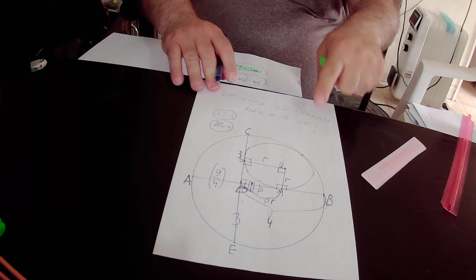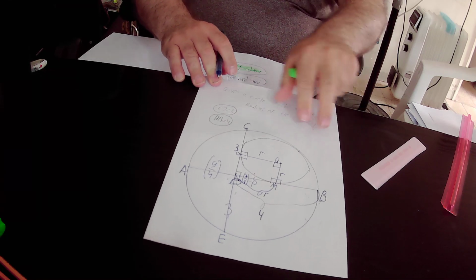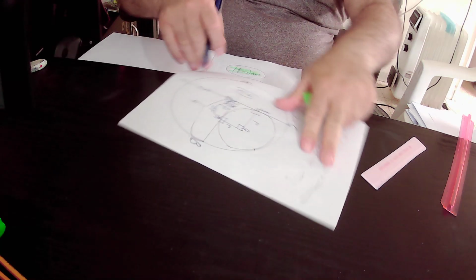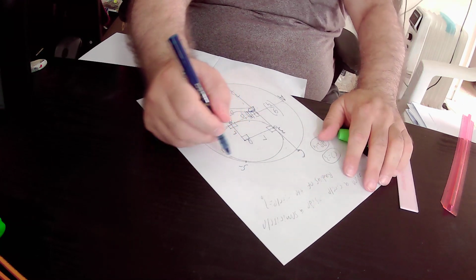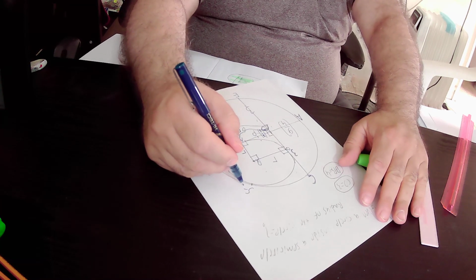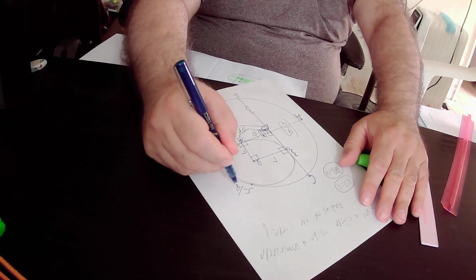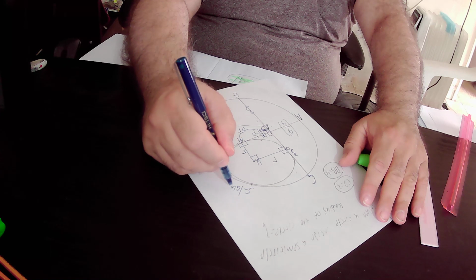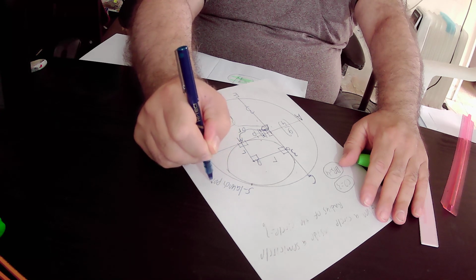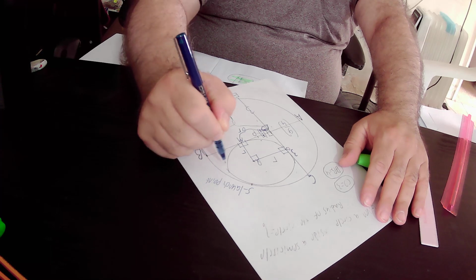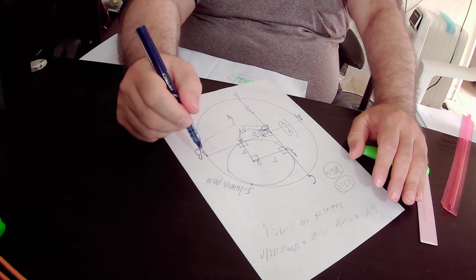So we define this point as point S, and we can define point S also as the launch point. Point S is the launch point of the small circle with the big circle.